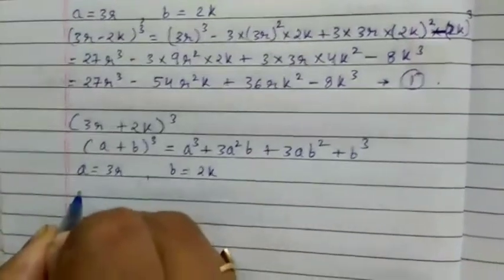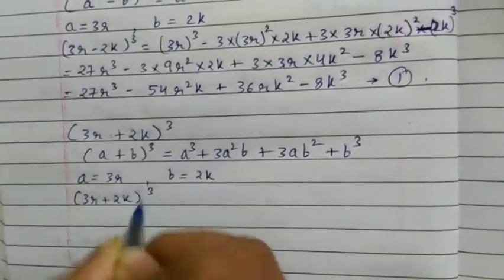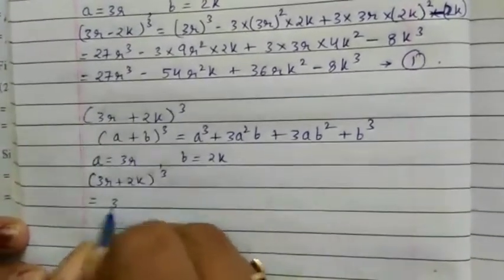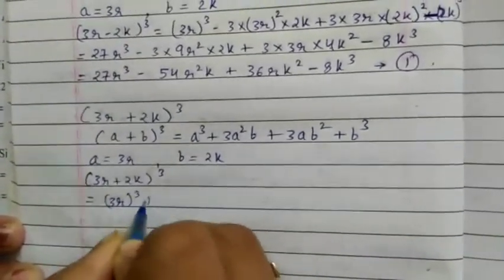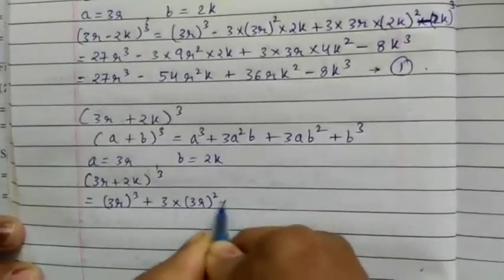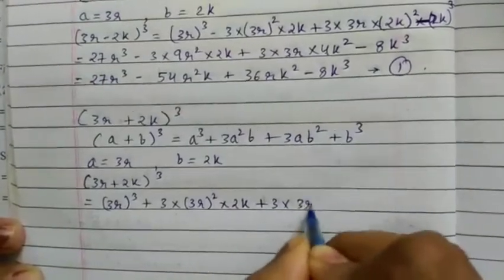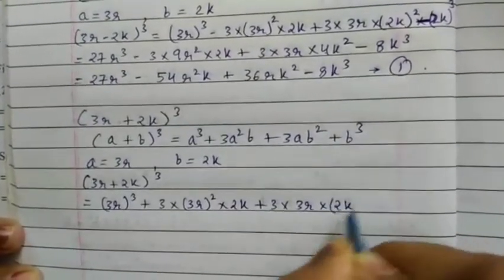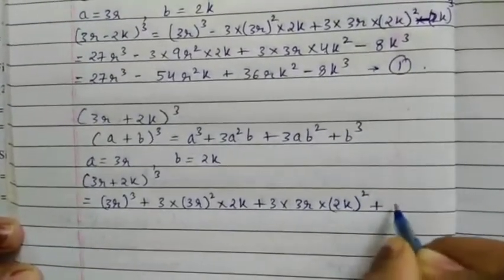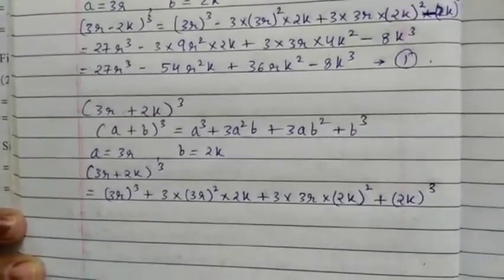So put the values: (3r plus 2k) whole cube is equal to 3r cube plus 3 into 3r square into 2k plus 3 into 3r into 2k square plus 2k cube.